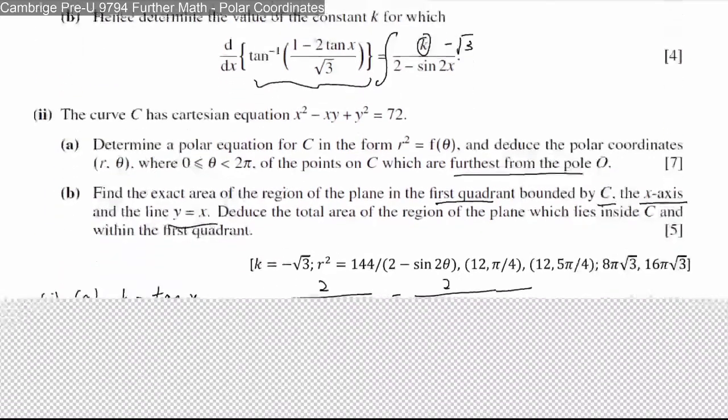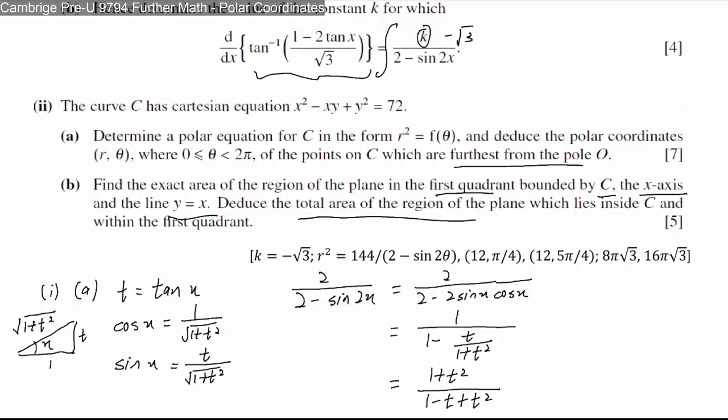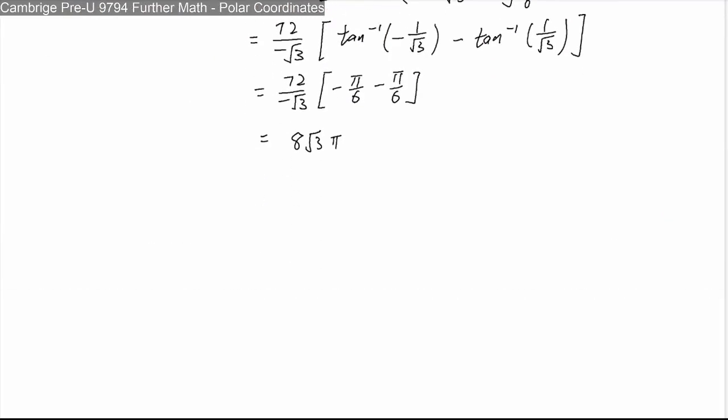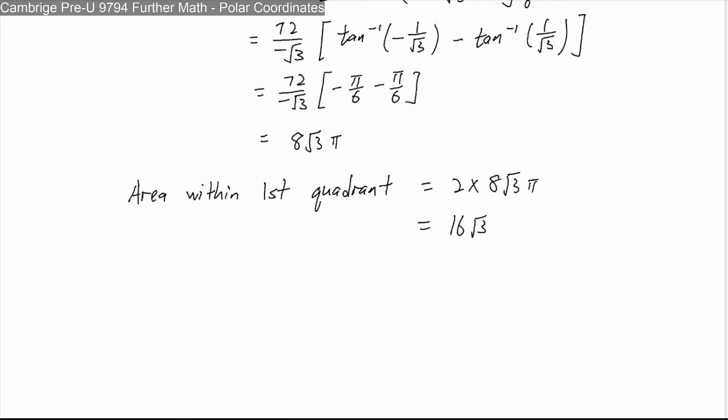We also have another part of the question: deduce the total area of the region within the first quadrant. The area within the first quadrant is just 2 times 8 root 3 pi, which is 16 root 3 pi.